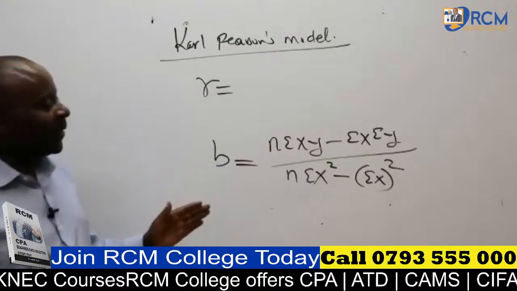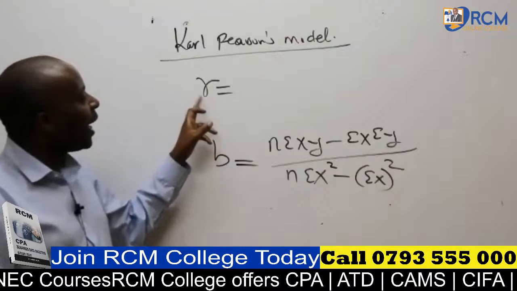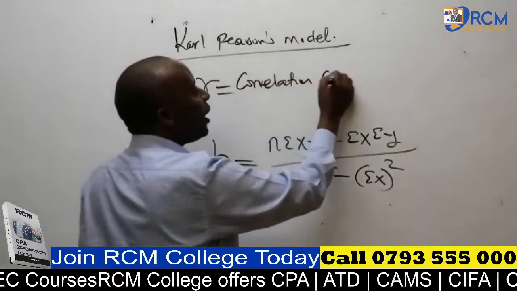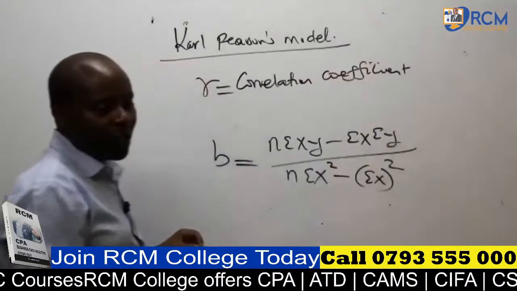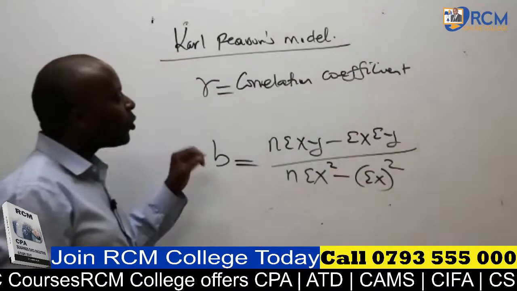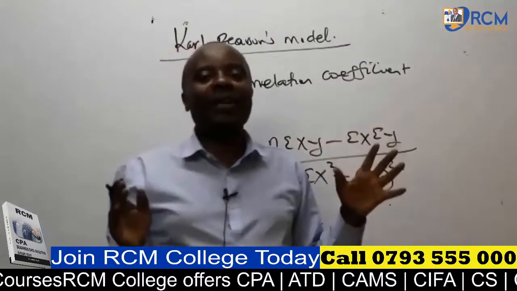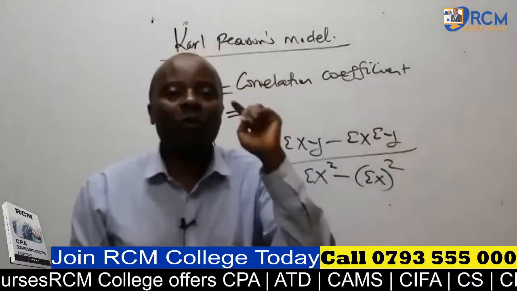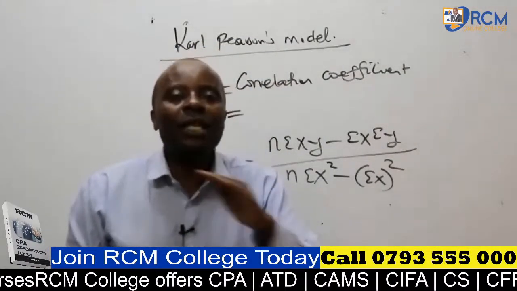Now, ladies and gentlemen, listen to me very well. Now come and get R. R stands for the correlation coefficient. When you tell me to give you the correlation coefficient, I may forget many things, but one thing I will never forget is that the numerator of R and the numerator of B are the same.